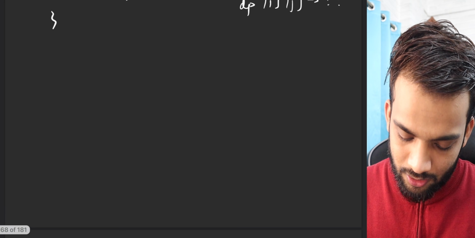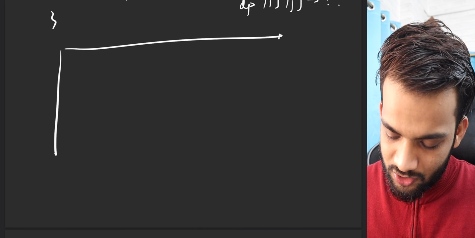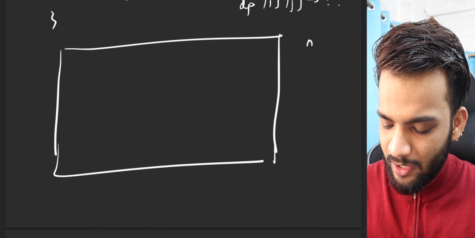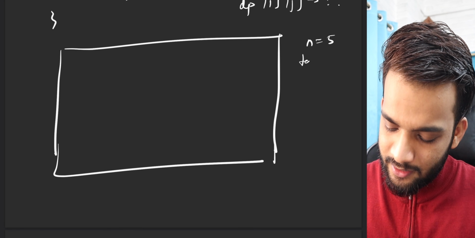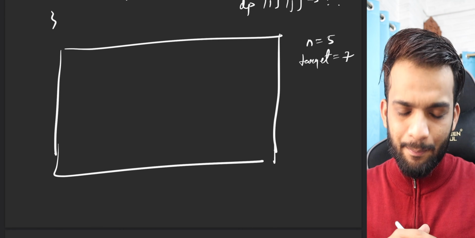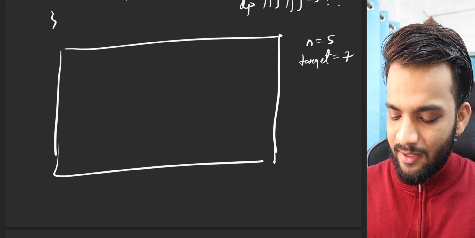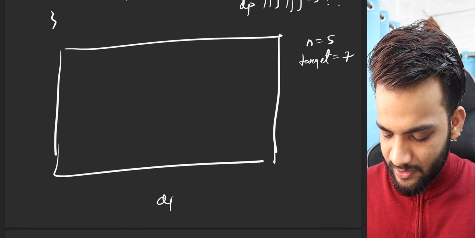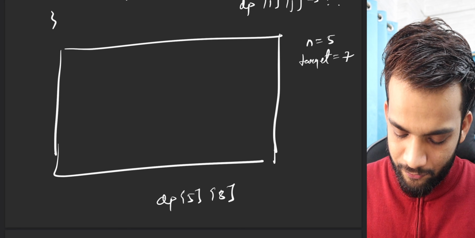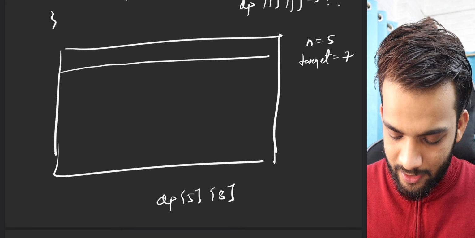So basically, we would have taken something like this. Assume the number of elements to be 5, and the target that we have been asked is 7. Like for an example, let's assume. So can I say we will declare a dp of size 5 crossed 8? So 5 rows is what I'll declare.